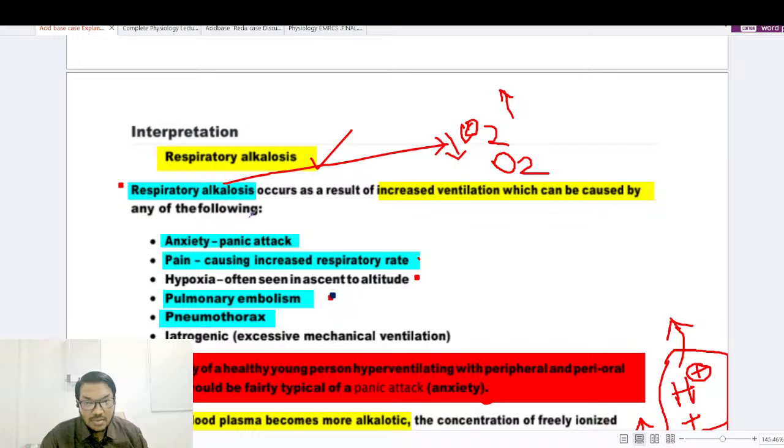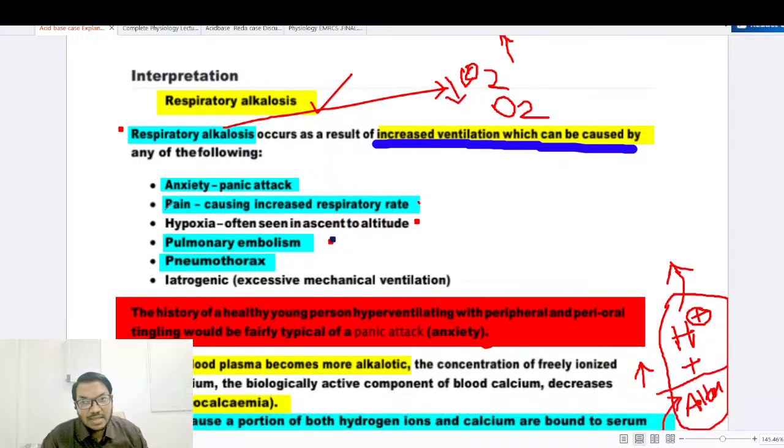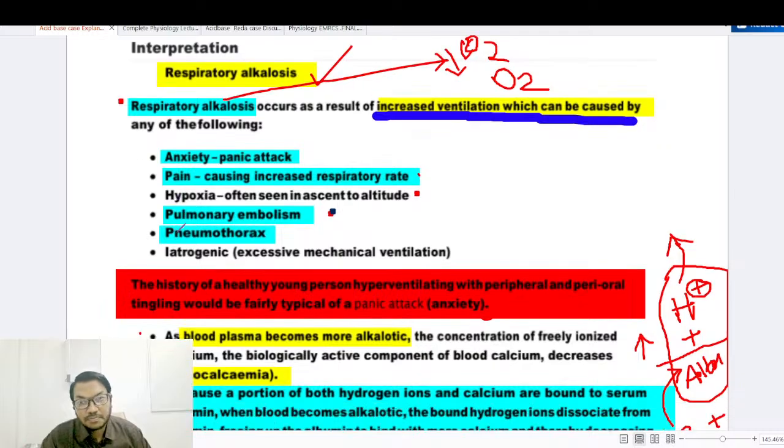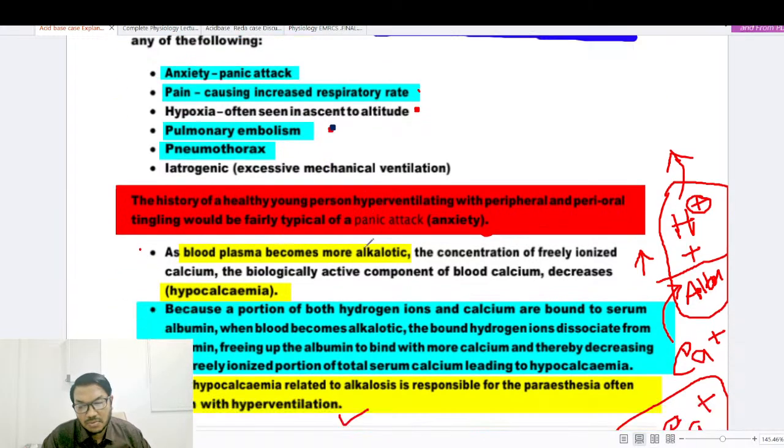Respiratory alkalosis occurs as a result of increased ventilation, which can be caused by anxiety or panic attack, as this 17-year-old patient had. Panic causes an increased respiratory rate, usually hyperventilation, and hypoxia, especially at high altitude in the mountains, or pulmonary embolism, or pneumothorax, or iatrogenic causes.